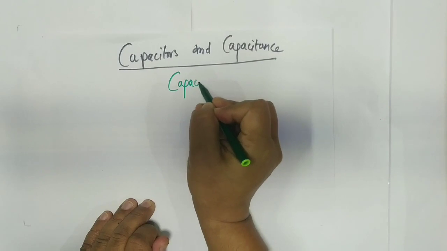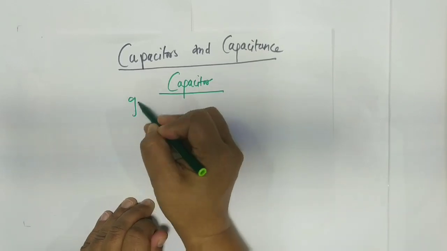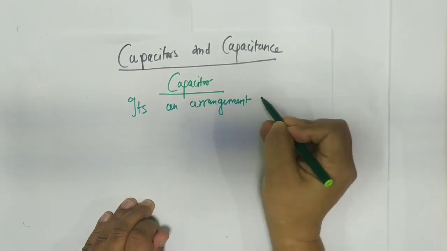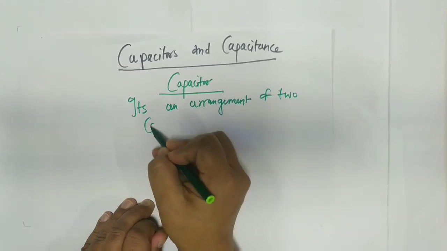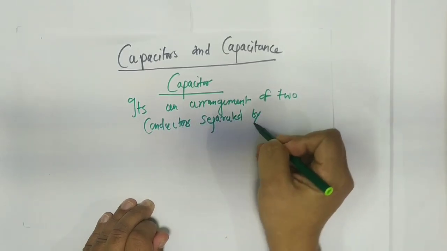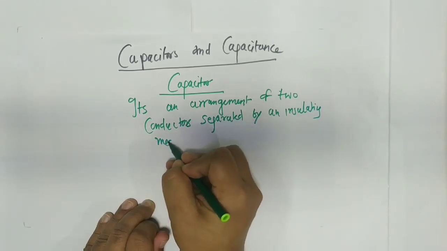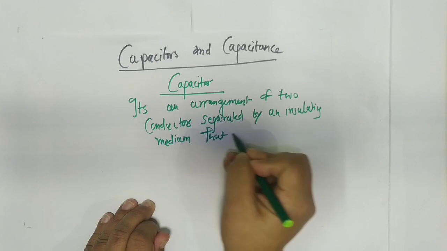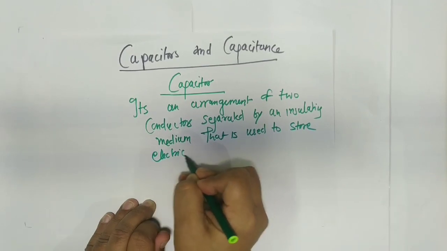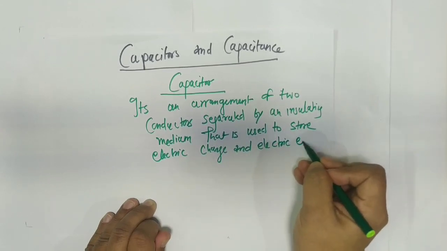Actually, a capacitor is a device, an arrangement of two conductors separated by an insulating medium that is used to store electric charge and electric energy.